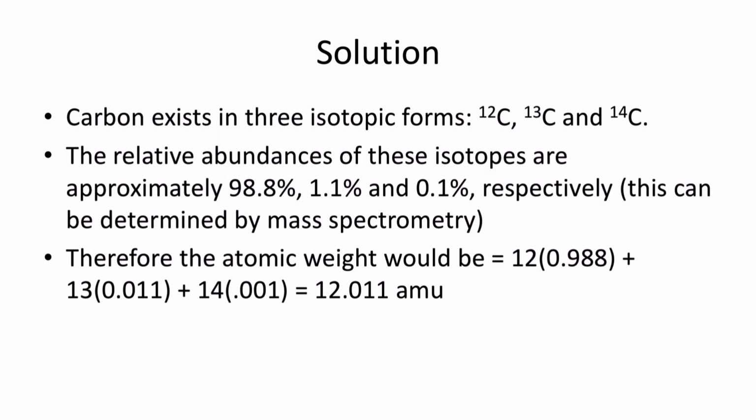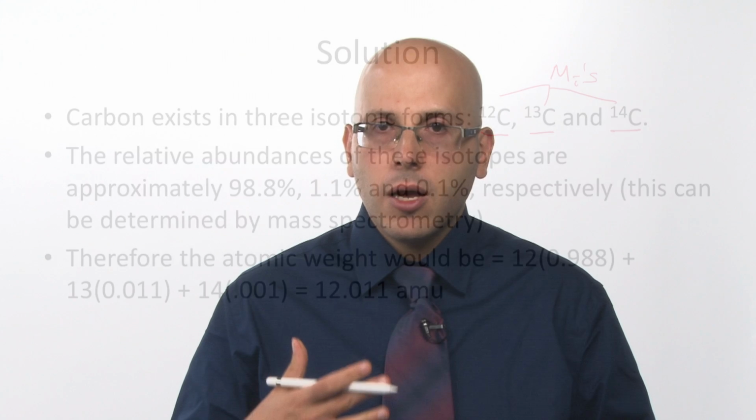Here's how we're going to do it. Carbon typically exists in 3 different isotopic forms. There's carbon-12, carbon-13, and carbon-14. These 3 numbers represent the different mass numbers, or the m sub i's in that equation from before. Each of these mass numbers has a different abundance in nature.